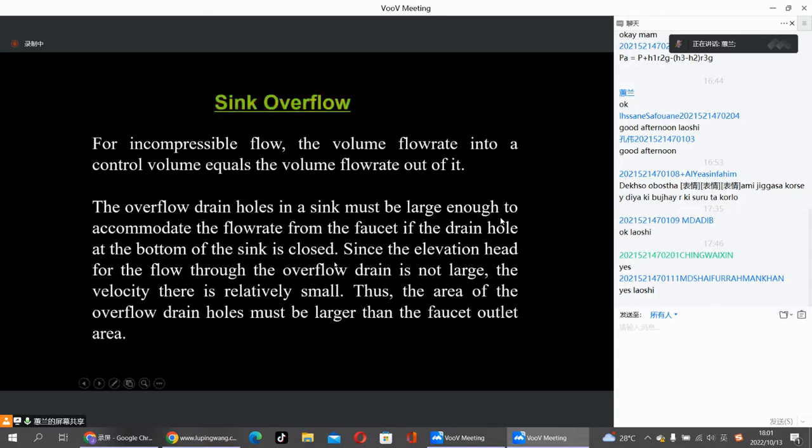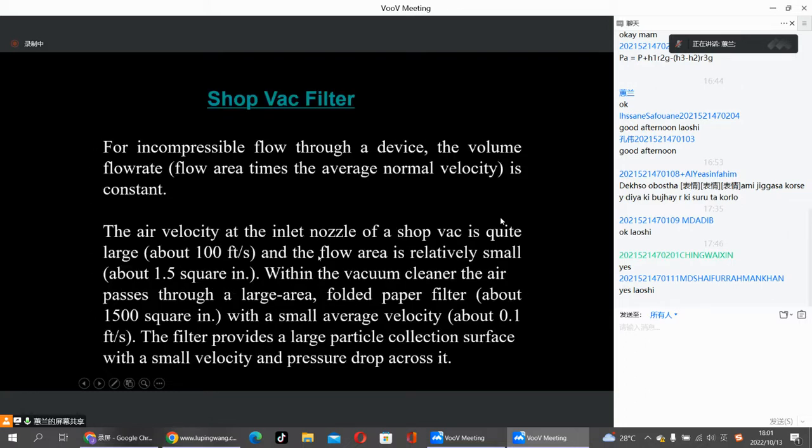And also for the sink overflow, we can say, you see, we got the sink. For the sink, we got the overflow drain hose to guarantee that the sink will not overflow. Okay.